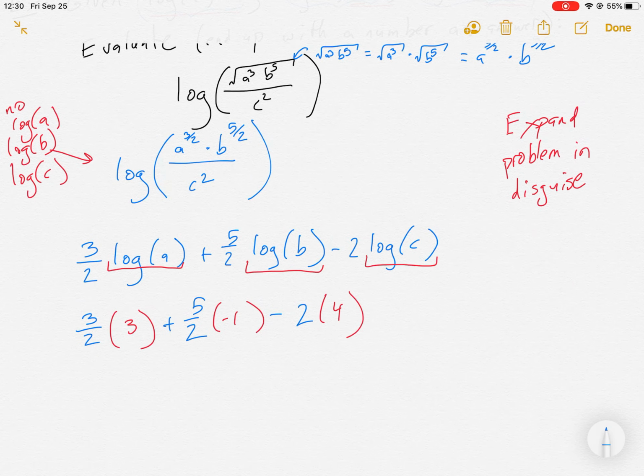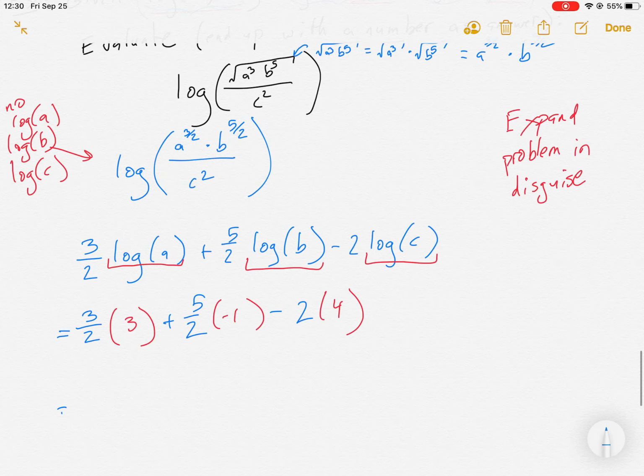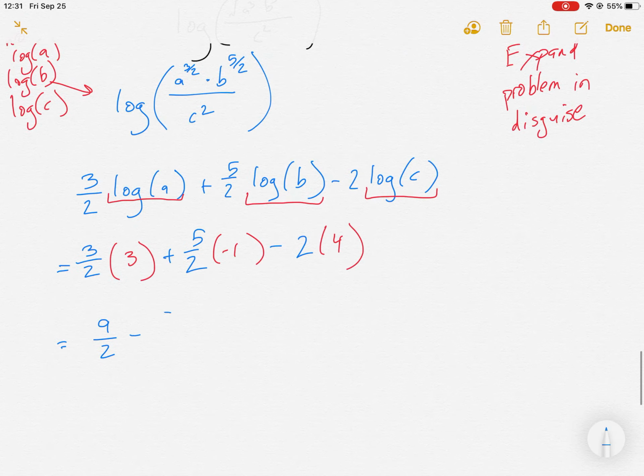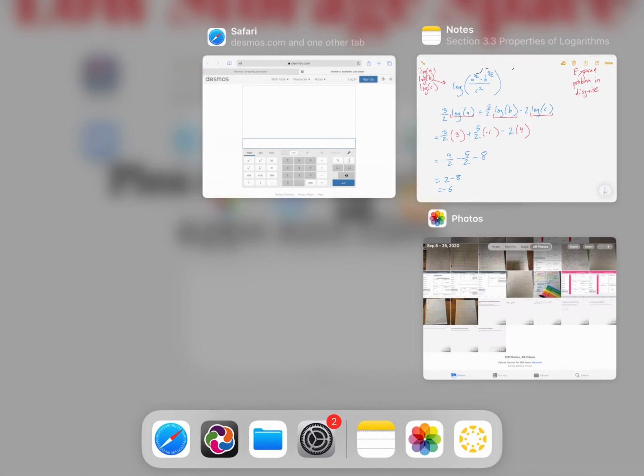Now multiplying all these out, you could just use a calculator to do this. In order to multiply, we would end up with 9 over 2. This is going to end up being minus, I was about to write plus, minus 5 over 2, and then minus 2 times 4 is 8. And so I end up with 4 over 2 is just 2 minus 8, which is negative 6. We could double check this on the calculator.